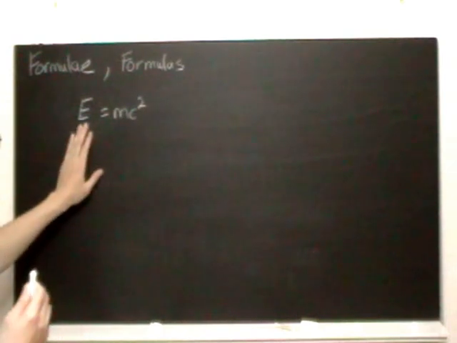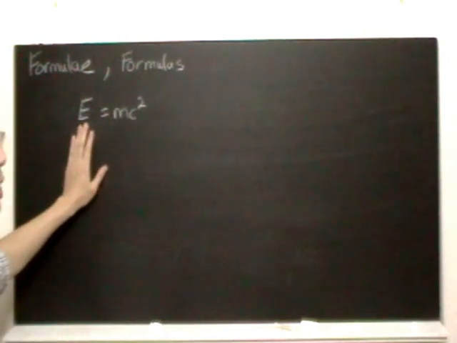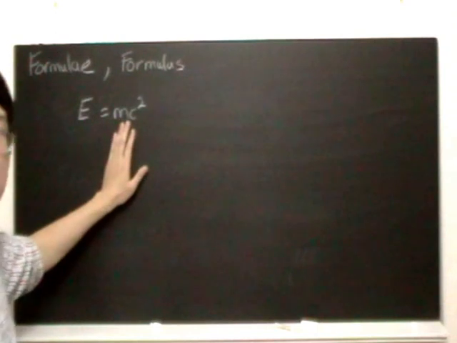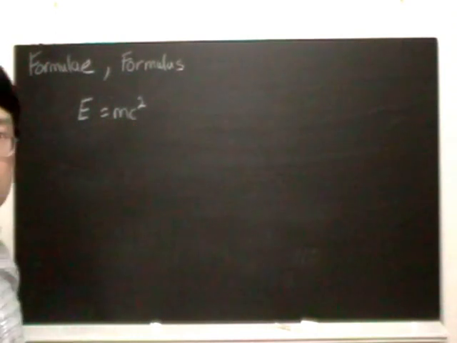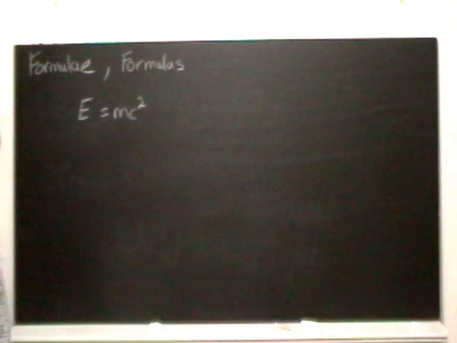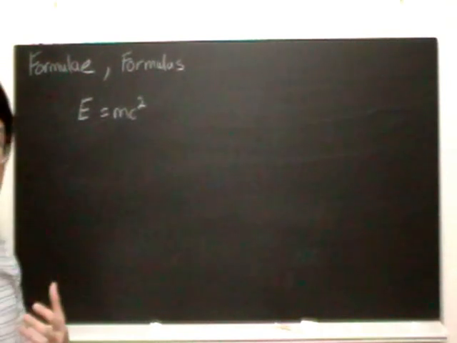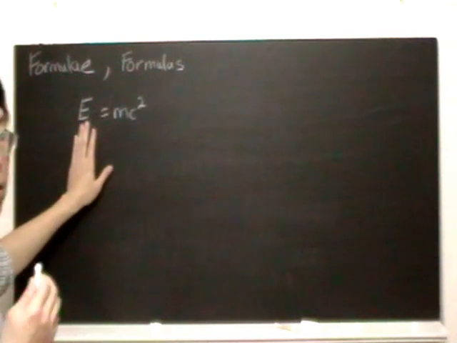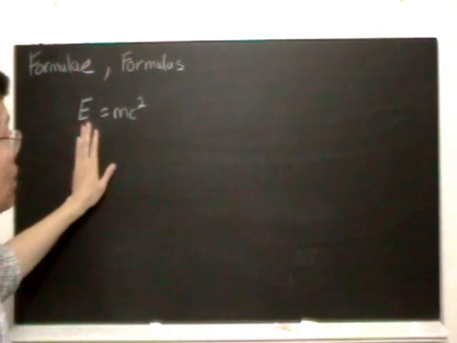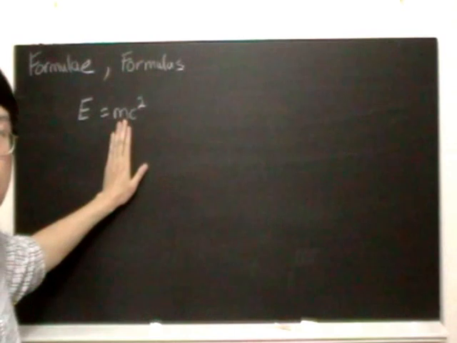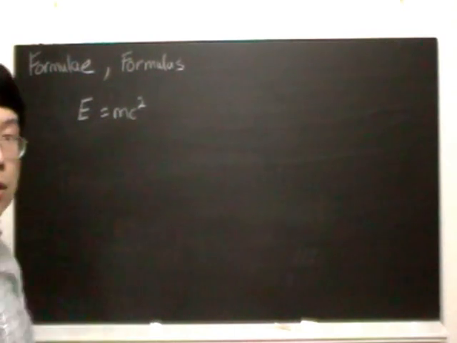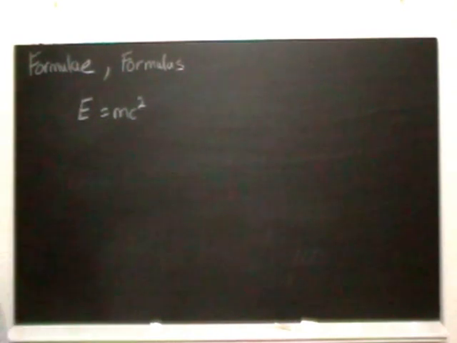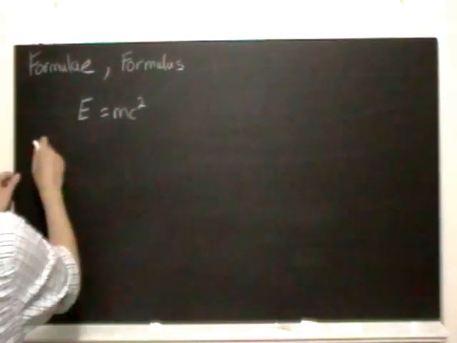And we say that E is expressed in terms of M and C. It is a way to help us to calculate E if we know the numbers for M and for C. So let's look at an example.